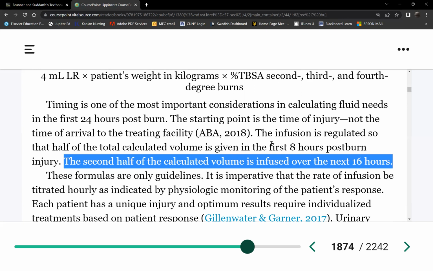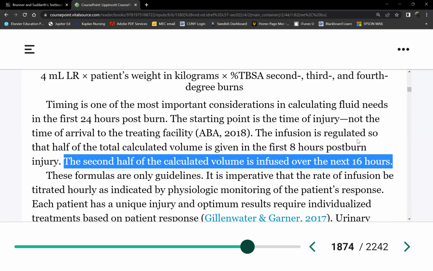I can't answer that. What time did the patient get to the hospital? The example given by Sonia was the patient got burned at 8, got to the hospital at 9. So do you divide by 8 or 7? Divide by 7 because they lost 1 hour. So it depends on the time of the injury.